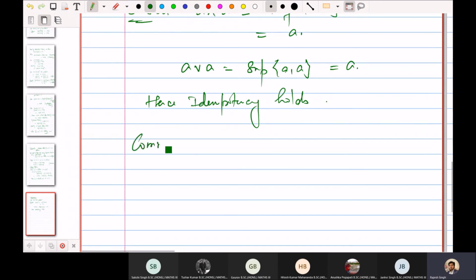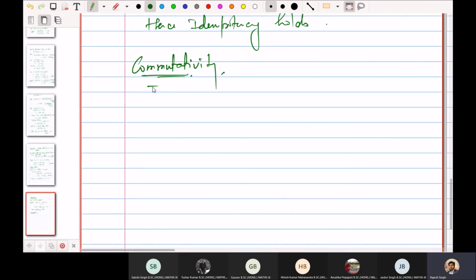Now commutativity. For any A, B belonging to L, A cap B is equal to infimum of AB. अब infimum of AB को हम क्या लिख सकते हैं?